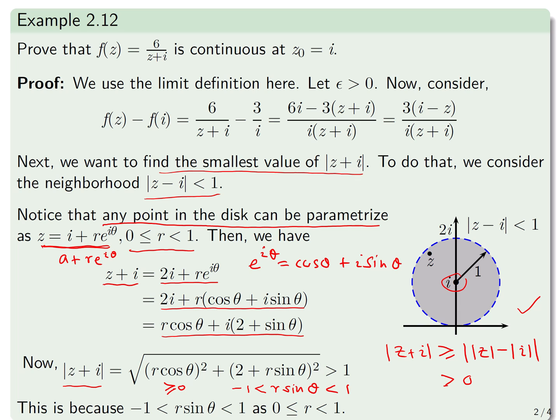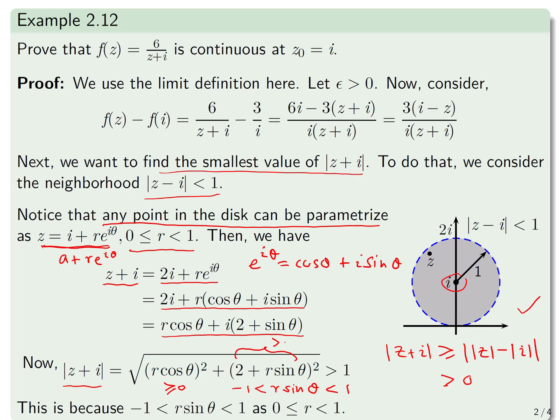This is really important. That means the maximum you can actually subtract from 2 is 1, because r sine theta, the smallest it can go is -1. So that means you always get at least 1. So this term is bigger than 1 always.